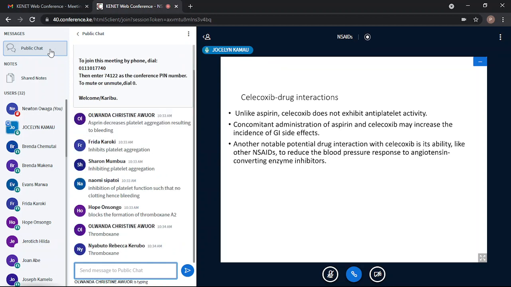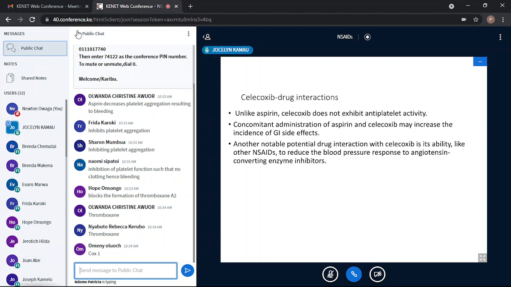Blocks the formation of thromboxane synthetase. Answer the question that is asked. When you tell me thromboxane, that is not an enzyme. The enzyme is thromboxane synthetase. It's not COX-1.